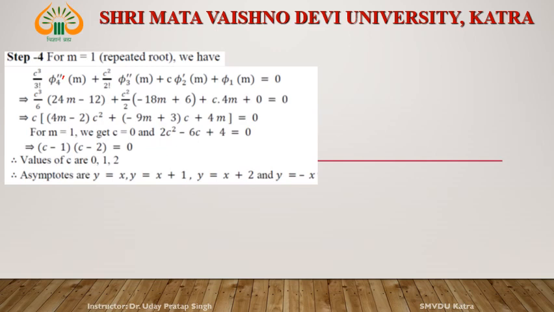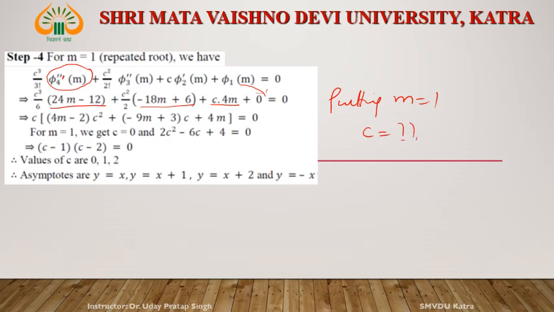Now c cube, differentiating phi 4 3 times, we got this. Phi 3 2 times, we got this. And c into phi 2 dash, phi 2 one time with respect to m, and phi 1 m is already 0. Putting m is equal to 1 and finding the value of c, right?